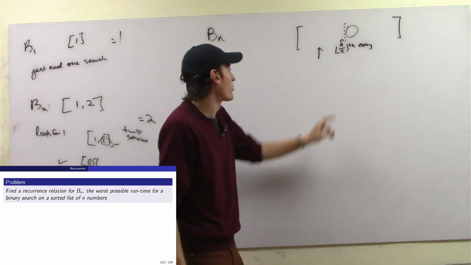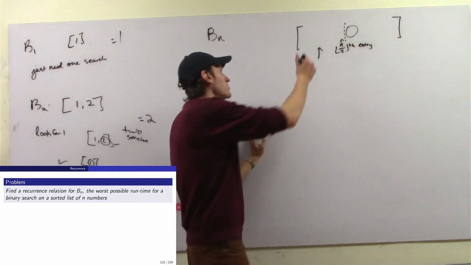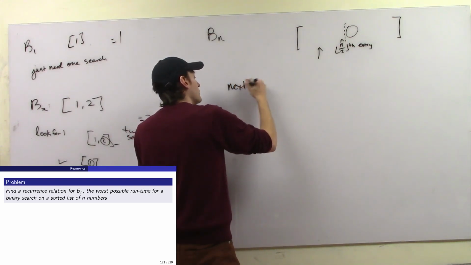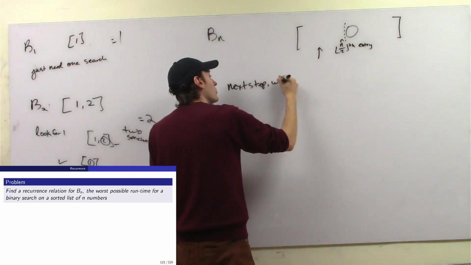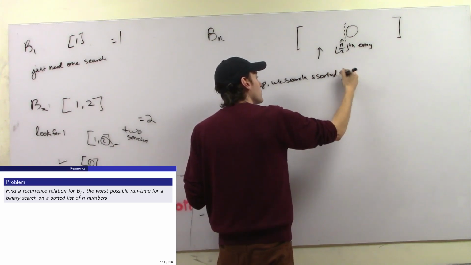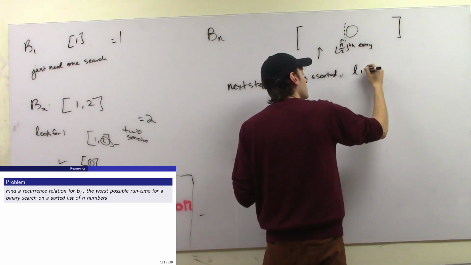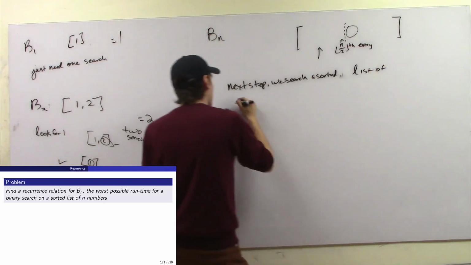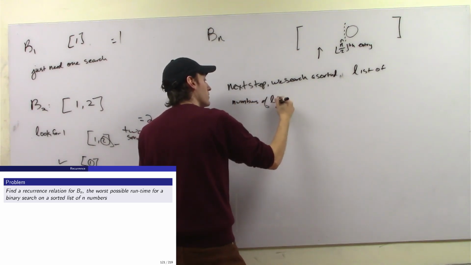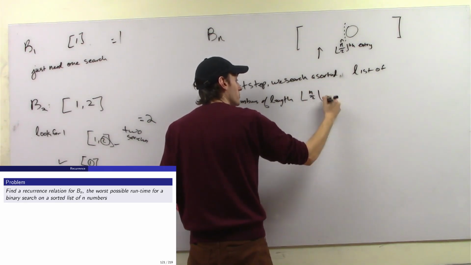Now after this point, I search again, but I just have a sorted list of length floor of n over 2. Next step, we search a sorted list of numbers of length floor of n over 2.